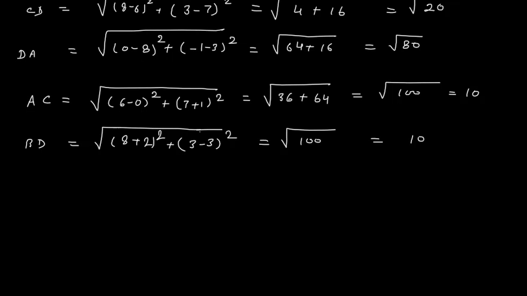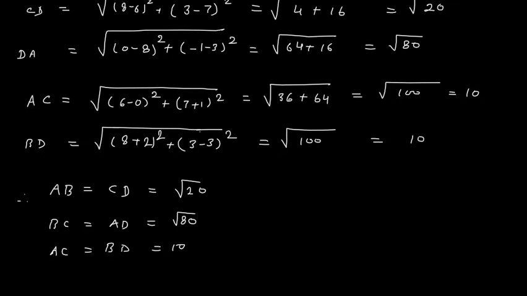So again this is 10. So therefore what you get? AB is equal to CD is equal to root 20. BC is equal to AD is equal to root 80. And you also get AC is equal to BD is equal to 10.